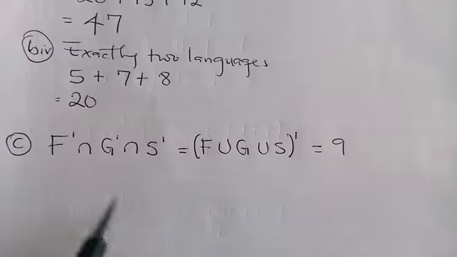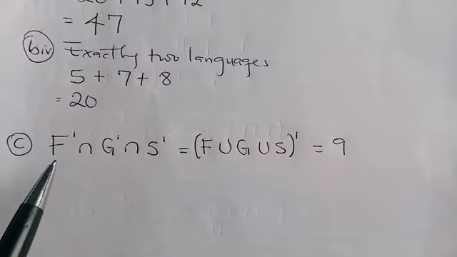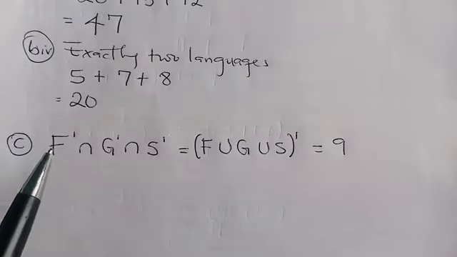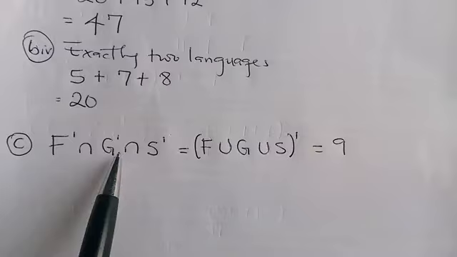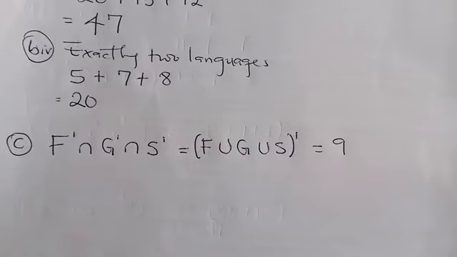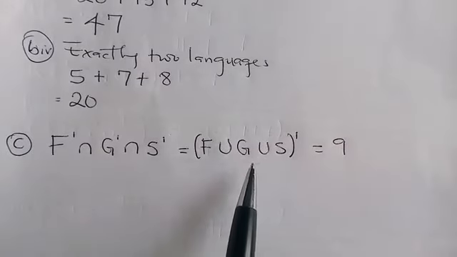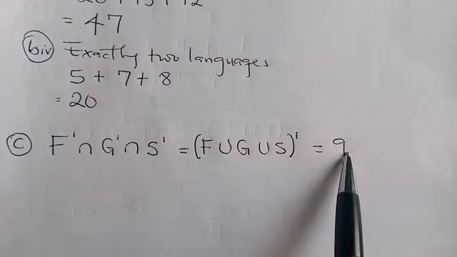What does this mean? You are looking at the relationship between the number of those boys that are in that examination but do not offer French, and do not offer German, and do not offer Spanish. Also, when you find the union between the three of them, and then you check in comparison with the universal set, how many do not offer any of the three subjects, you are going to have 9.